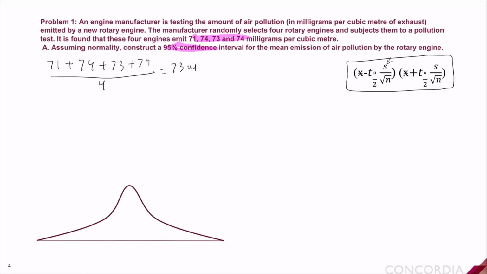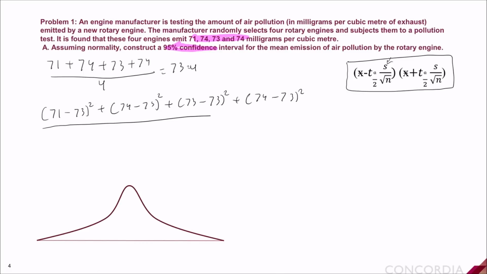Then we need to find the standard deviation, which we will start by 71 minus the mean squared plus 74 minus the mean squared plus 73 minus the mean squared plus 74 minus the mean squared.